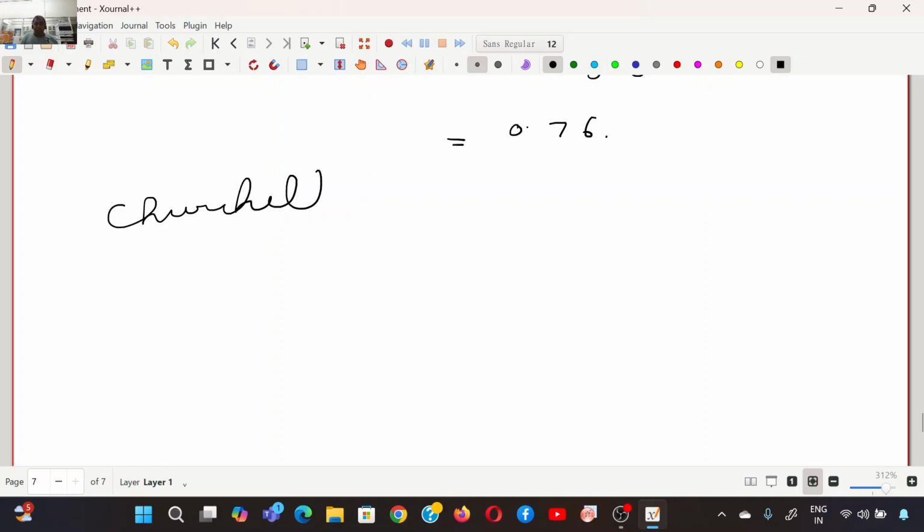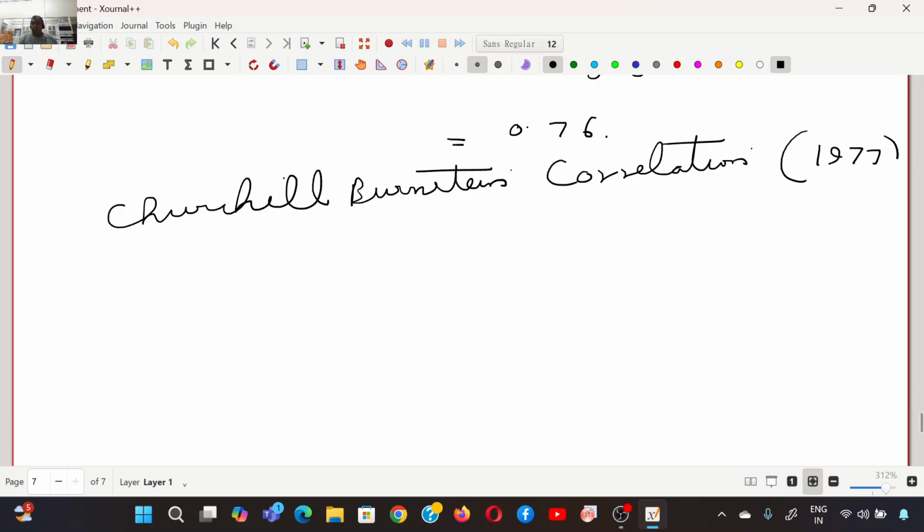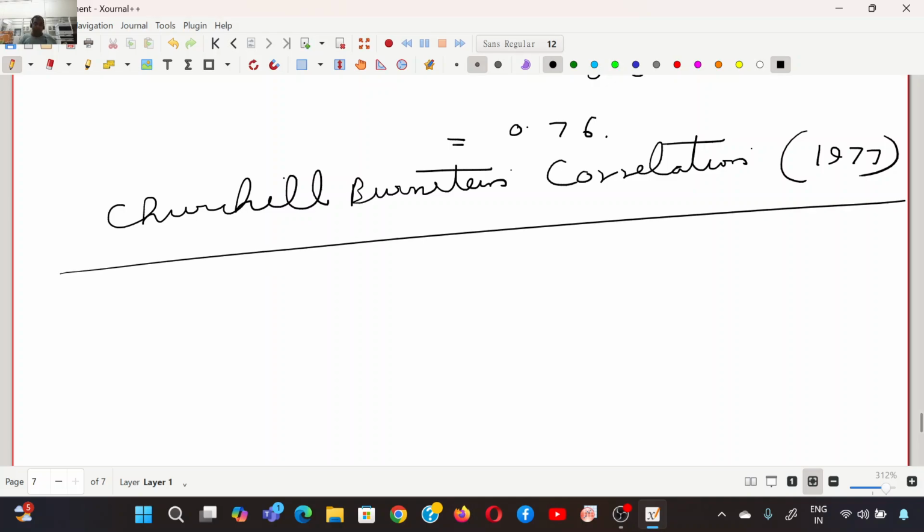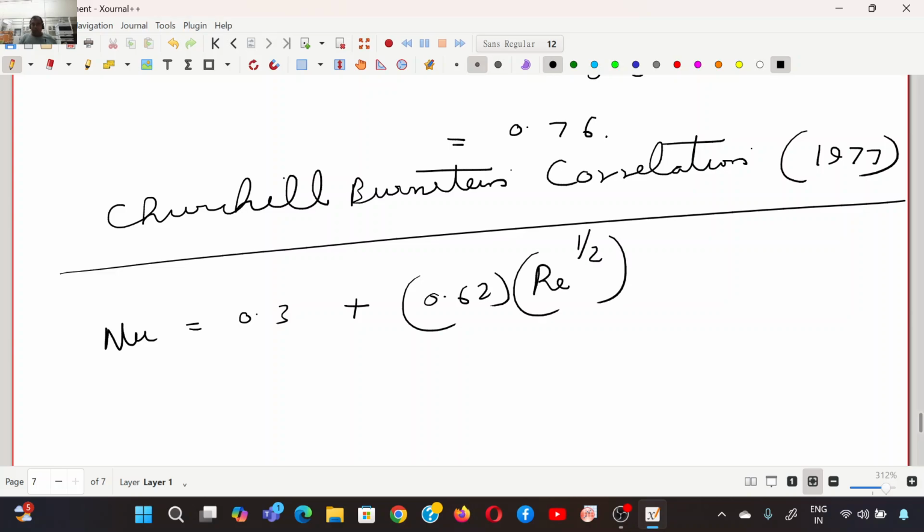So just write down that correlation once. 1977. Very big expression, okay? So this Nusselt number is equal to 0.3 plus... This expression you never have to memorize, okay? You can just refer to these correlations and go on with your problem.